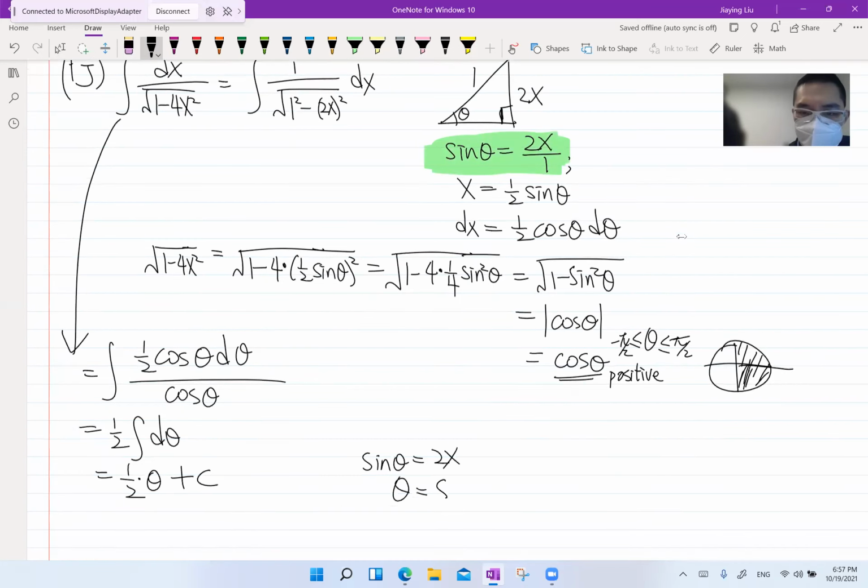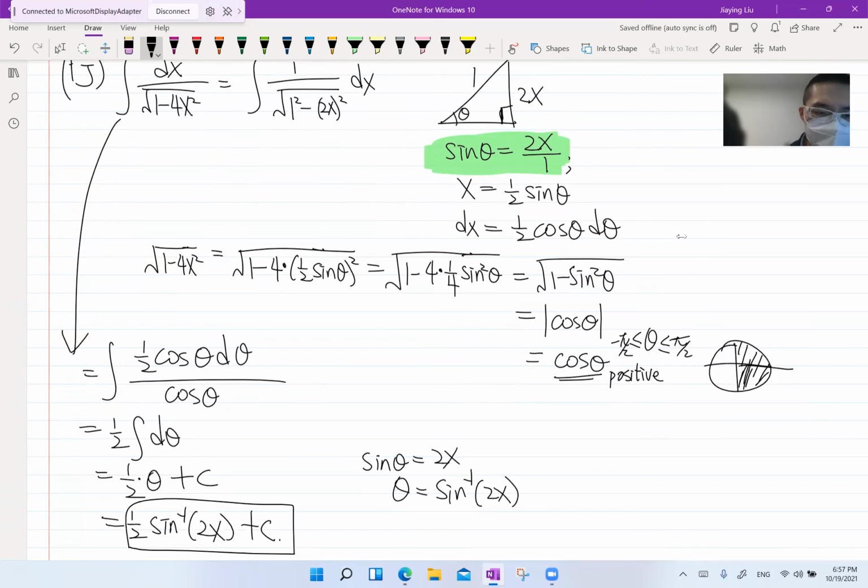So theta equals inverse sine, or arc sine, of 2x. And that's the substitution we're going to use at the end to convert all the expressions in terms of x. So we get 1/2 inverse sine of 2x plus c. That will be an important step: always at the end, convert everything back to x.